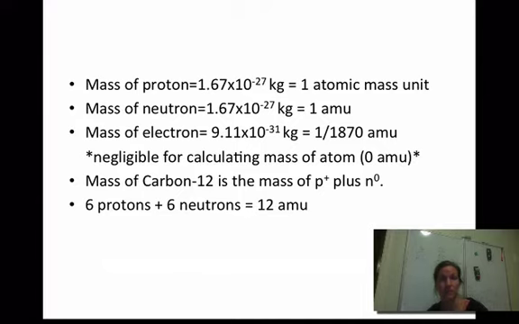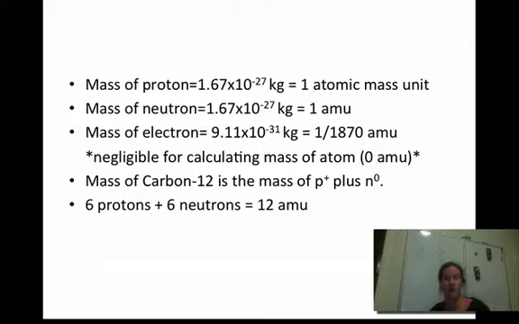So 1 AMU is another way of saying it. Every single proton and neutron has 1 atomic mass unit. Electrons are so much smaller, 10 to the negative 31 kilograms, that we don't even give them mass. Essentially, they have 0 AMUs when we're trying to calculate mass.